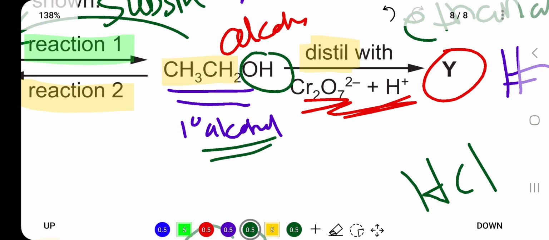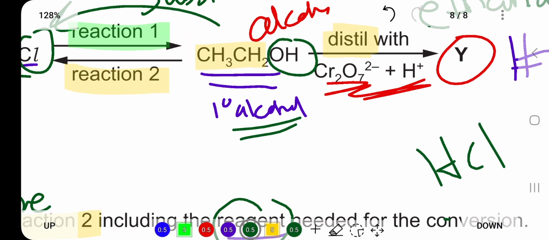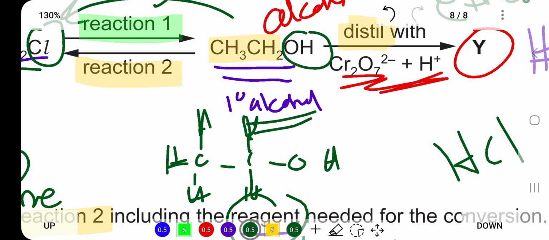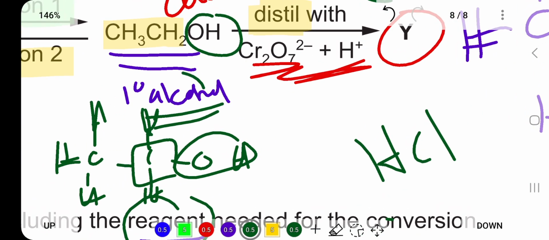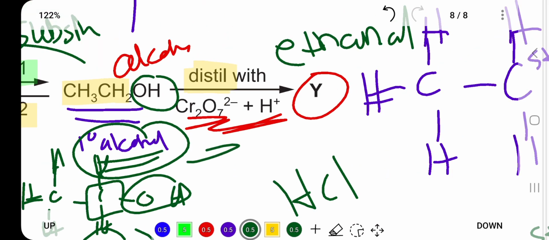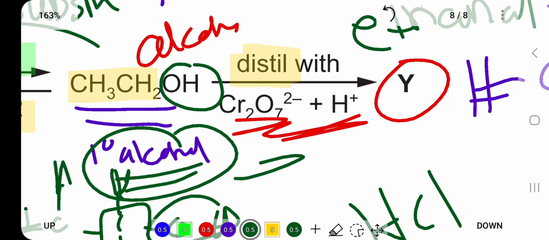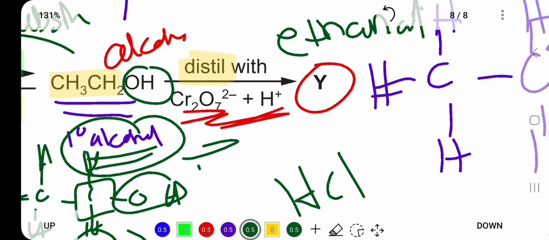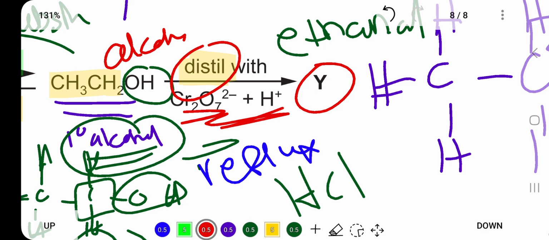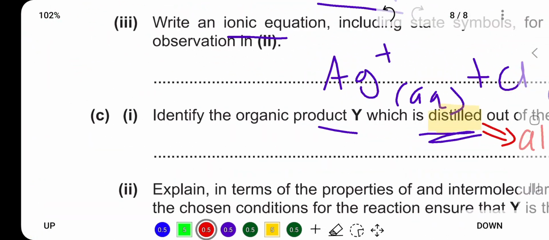And by the way, a 1° alcohol, which is CH2OH, means that the OH is connected to one carbon only, and a 1° alcohol is oxidized to either a carboxylic acid or an aldehyde. If it oxidizes into a carboxylic acid, you should say reflux, but for an aldehyde you should say distilled. So the product is this, ethanal.